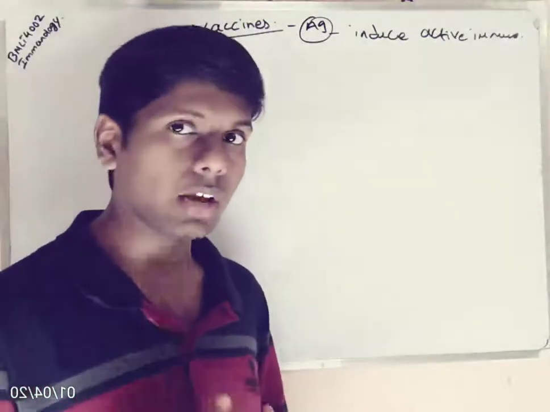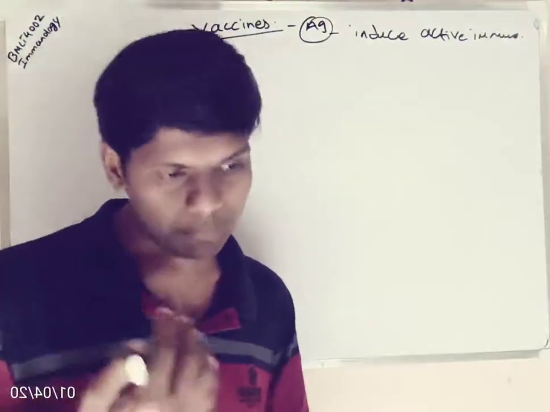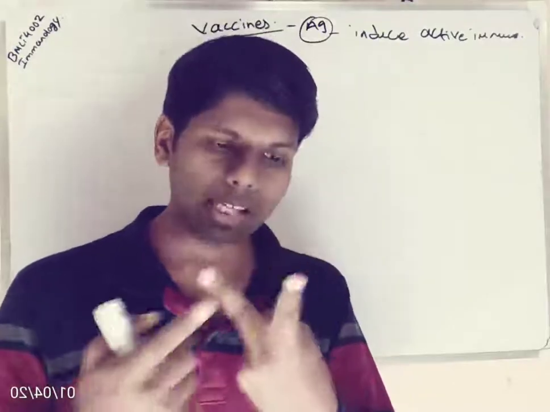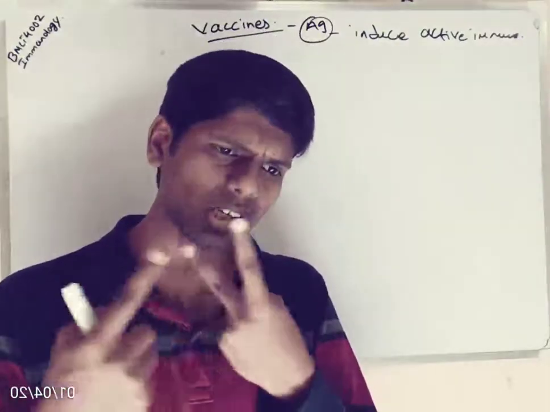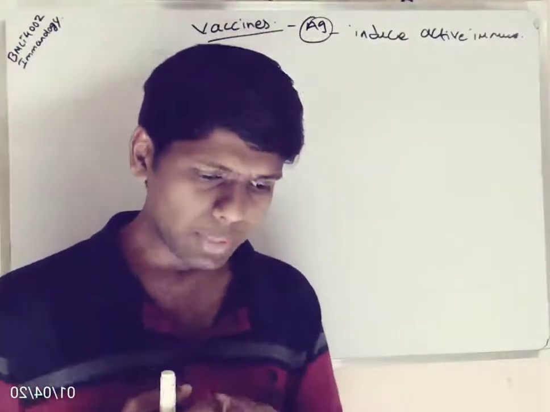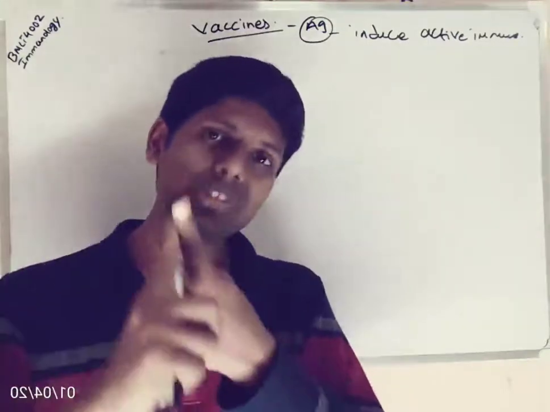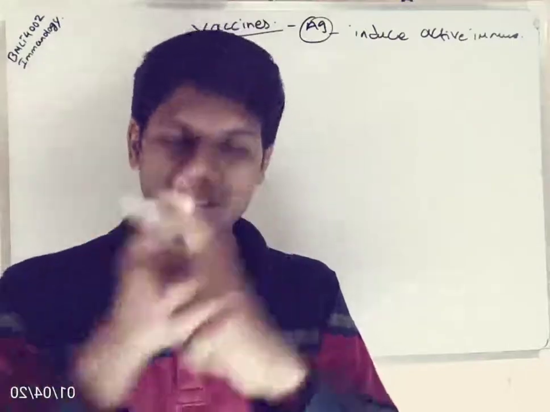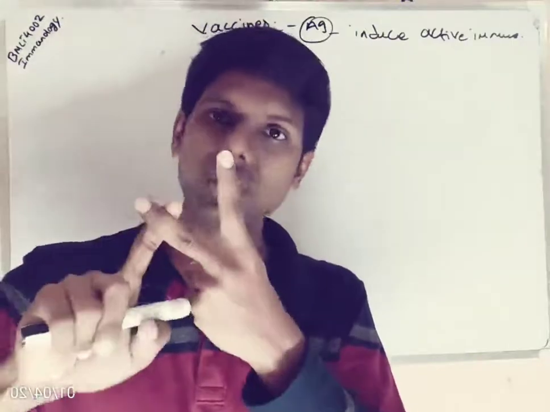Acquired immunity can be gained by two mechanisms, either active acquired immunity or passive acquired immunity. So what is active and passive, students? I'm sorry, natural active immunity and artificial active immunity.